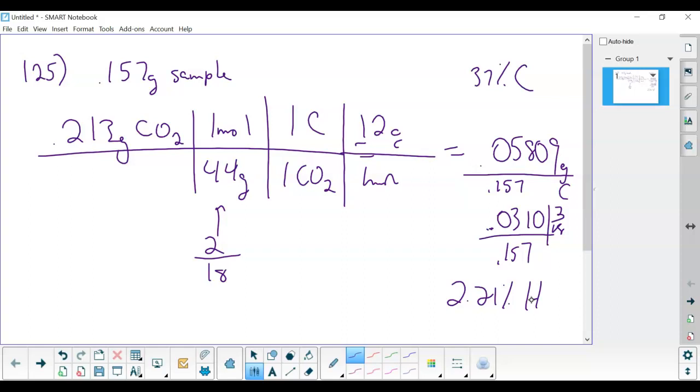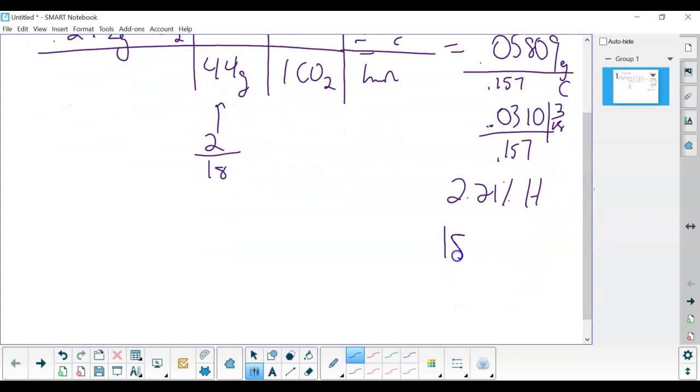different mass sample, but you're still going to end up with 18.39% nitrogen. Now, how do we deal with oxygen in a problem like this? Well, the oxygen that gets produced from burning could come from the air, could come from the sample, but we do know that our total percent needs to end up to be 100.